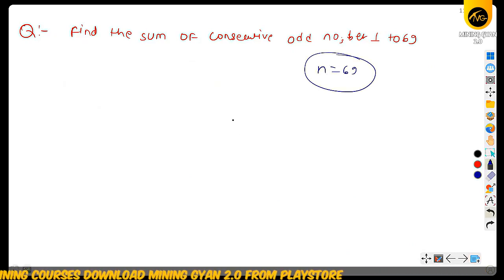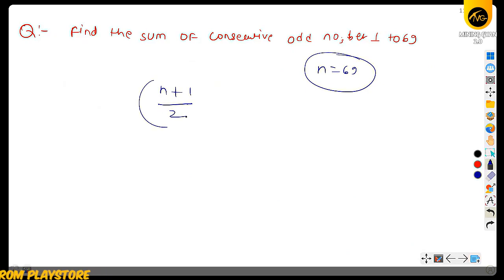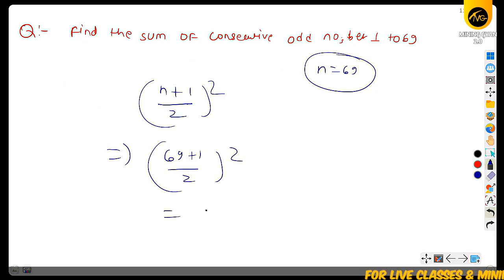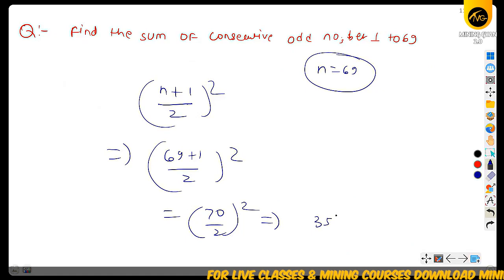Because 69 is also an odd number. So you use ((n plus 1) divided by 2) whole square. Now in this case, 69 plus 1 divided by 2, whole square, that means 70 divided by 2, whole square, equals 35 square. So what is 35 square? 1225.